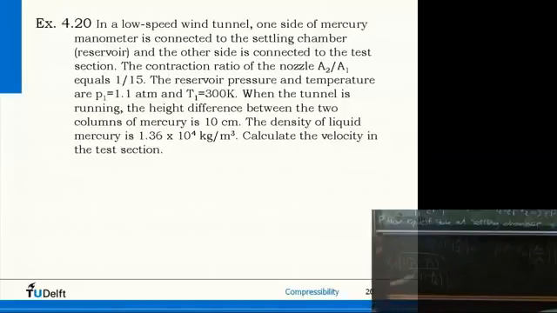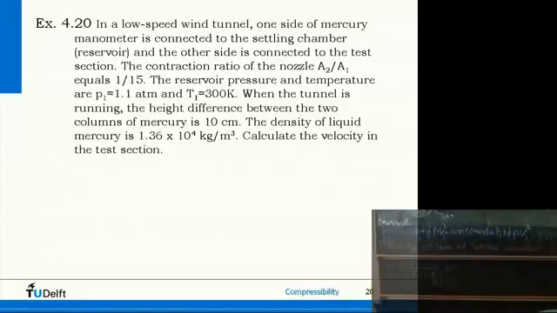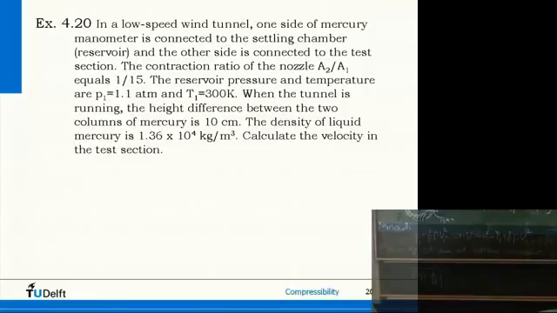So now it's simple substitution. Well, we didn't compute the P1 minus P2 actually here. What you use here is the rho of mercury, which is given there: 1.36 times 10 to the power 4 kilograms per meter cubed.